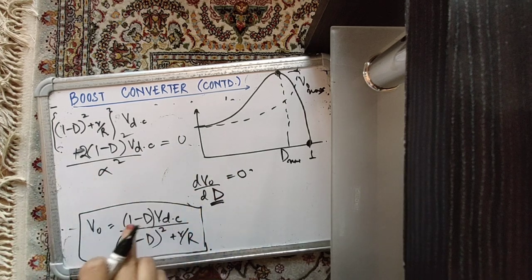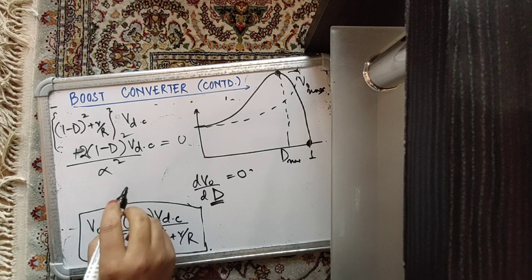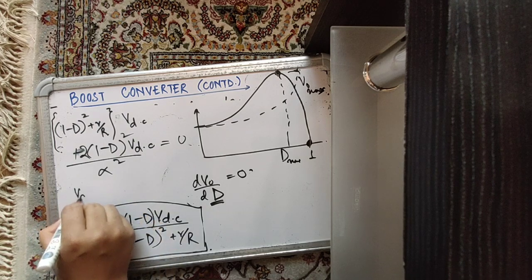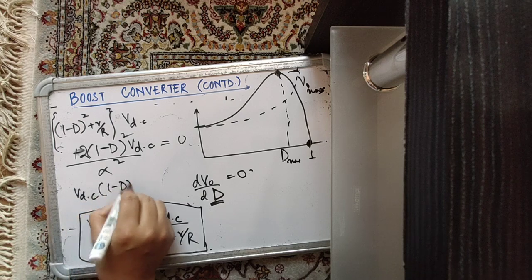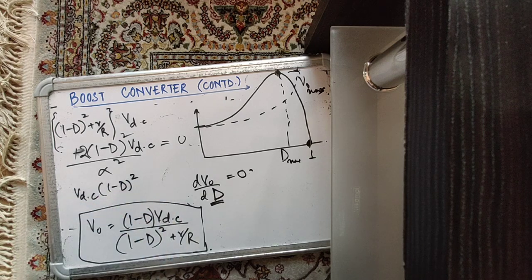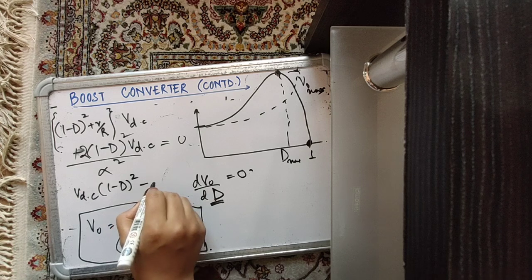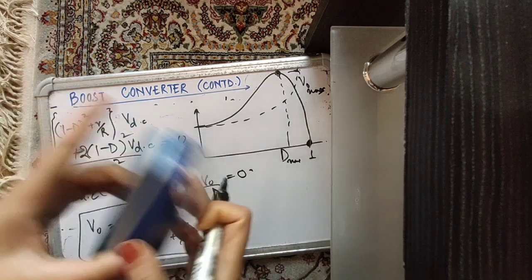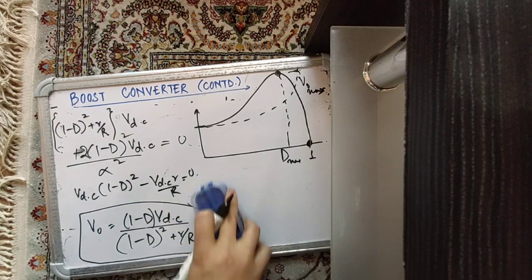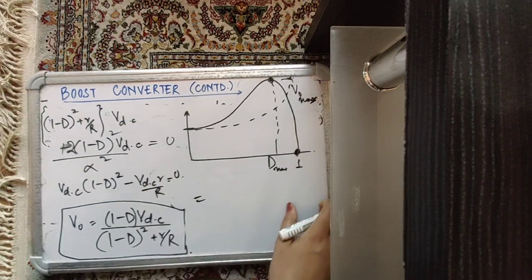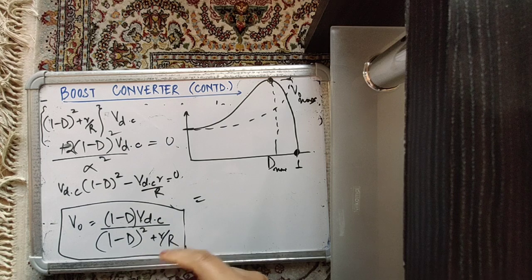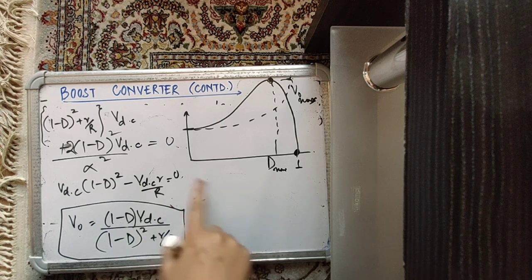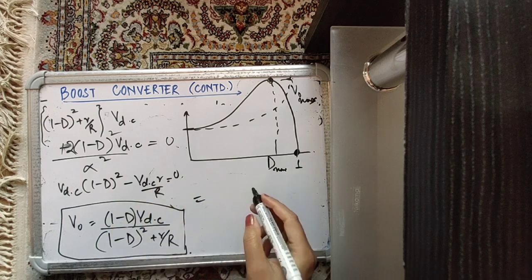So if I solve it further, I have 2 times 1 minus d square minus this becomes VDC into 1 minus d whole square minus VDC into R by R is equal to 0. I've just solved it in shorter steps in my mind, but you can simply differentiate this and equate it to 0 and solve it on your own. You should get the same thing.